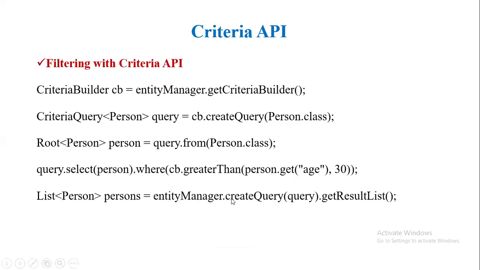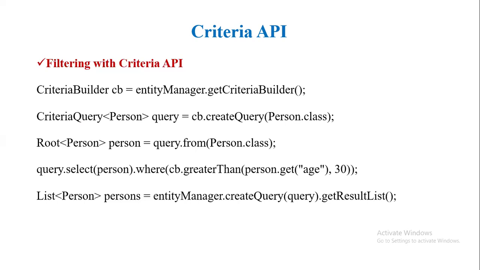And next, for the Criteria API, how we are filtering attributes from the table. As we know, CriteriaBuilder cb equal to entityManager.getCriteriaBuilder(), which helps you get a CriteriaBuilder object used to construct queries programmatically.